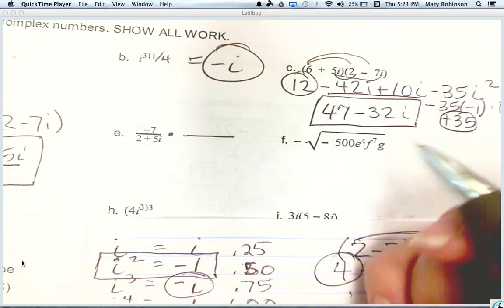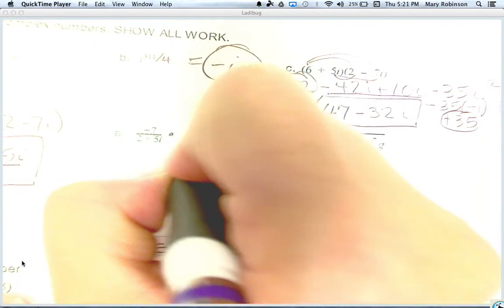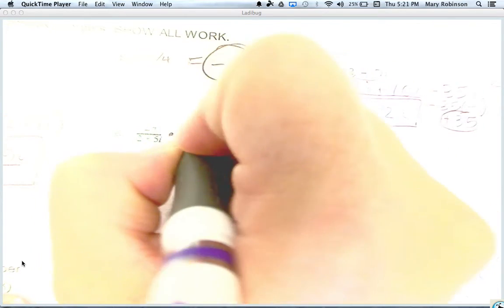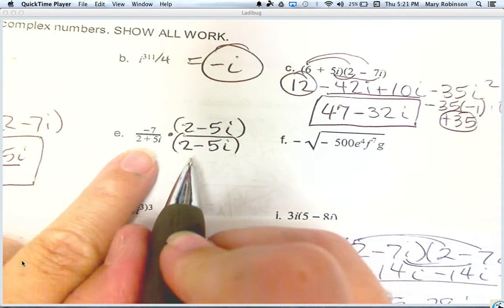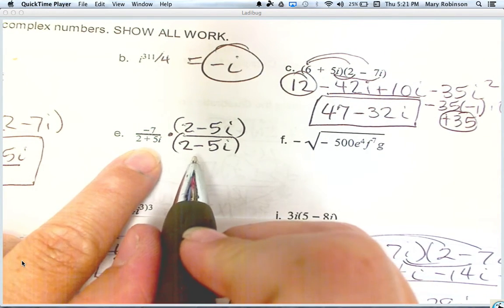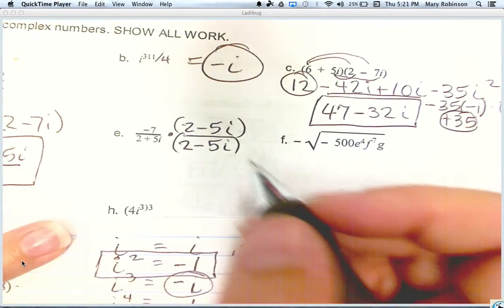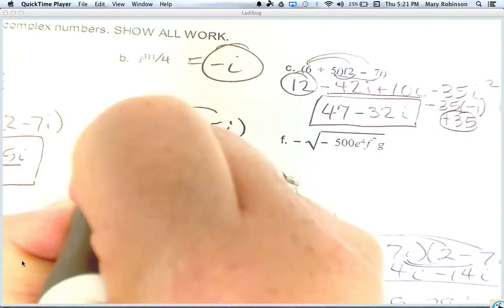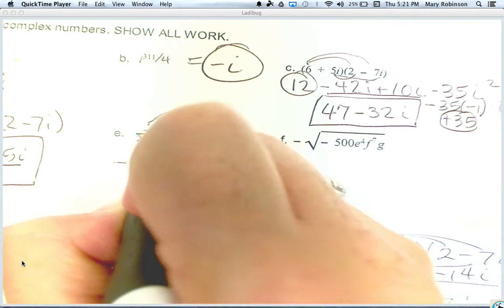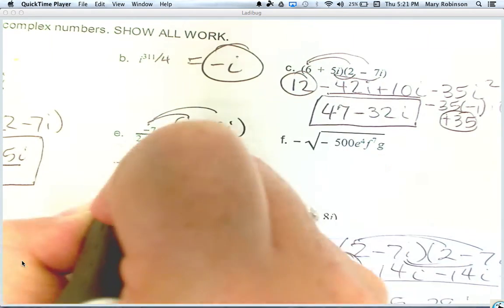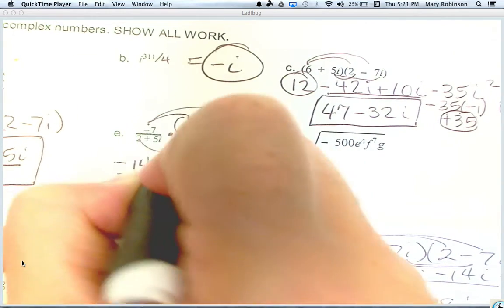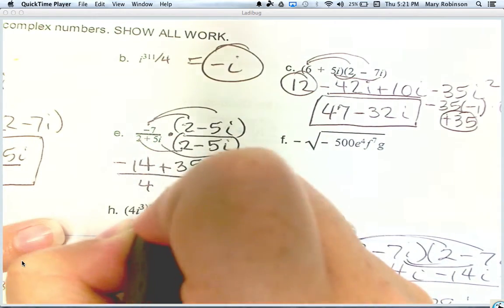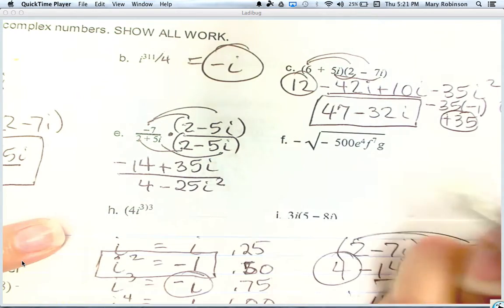So I'm going to multiply by my conjugate, which is 2 minus 5i. Please remember the conjugate: the only thing that changes is the operation. Only the operation. When you distribute up top, you get negative 14 plus 35i. And on the bottom, we're going to end up with 4 minus 25i squared.